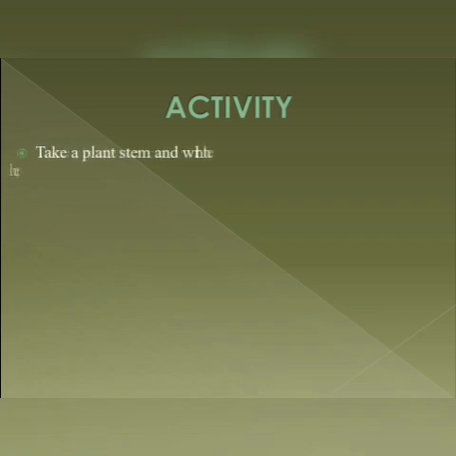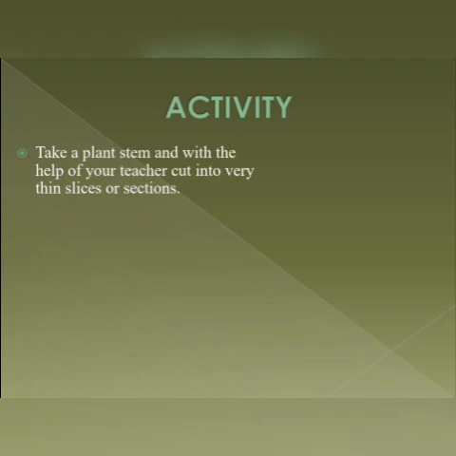Next, we will see an activity which can be performed. To perform this activity, we have to take a plant stem and with the help of your teacher, you have to cut it into very thin slices or sections.